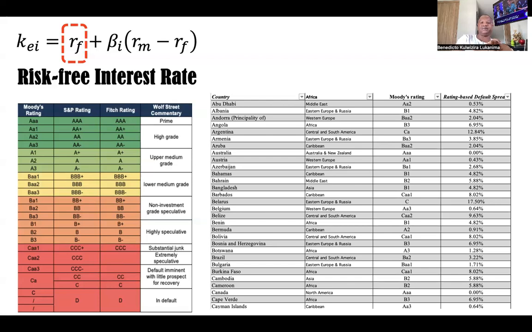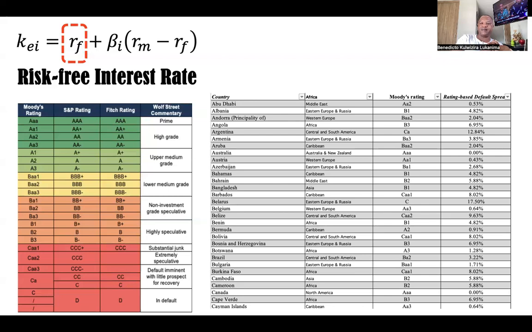You can see, for example, Abu Dhabi as a country is rated by Moody's Aa2, and the default spread is 0.53%. That's different, for example, from Canada, that is rated AAA. The default spread is 0%. So the yield to maturity of a Canadian bond can be risk-free, but not Abu Dhabi's bond, because there is a risk.